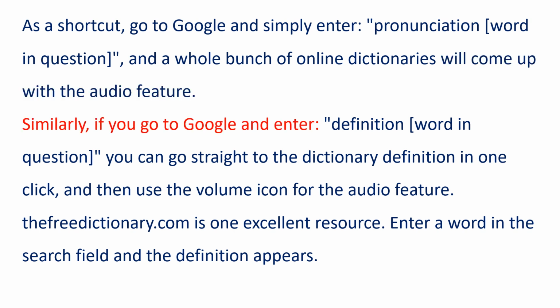Similarly, if you go to Google and enter definition plus the word in question, you can go straight to the dictionary definition in one click and then use the volume icon for the audio feature.